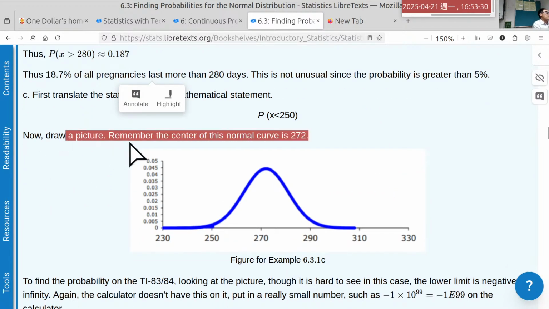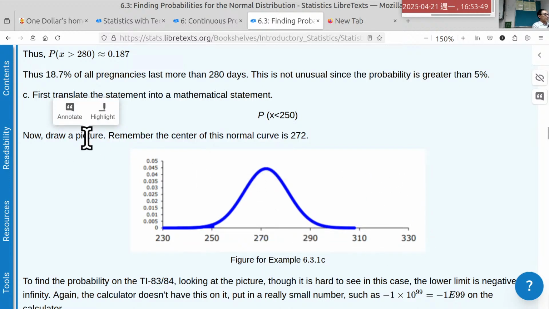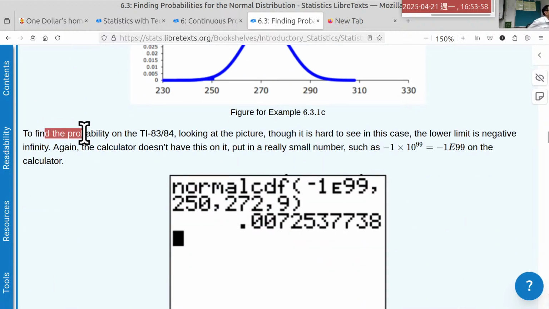Now draw a picture. Remember, the center of this normal curve is 272. Not this week, but maybe next week I will show you some great software. You can put the information inside, then click, and we will get everything. 272, close to this position. And find the probability on the TI-83/84.